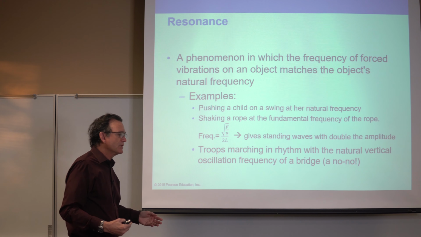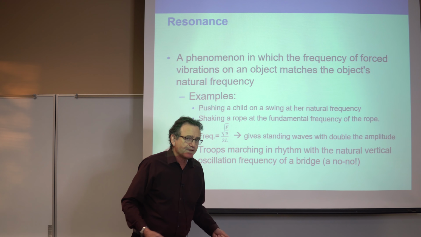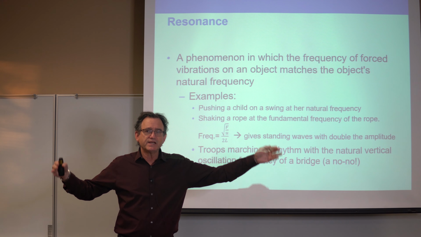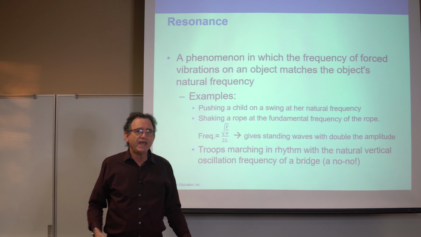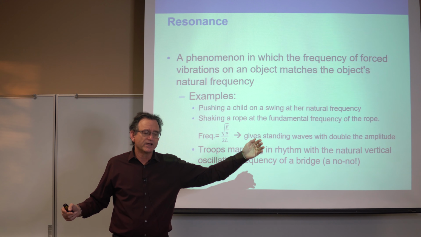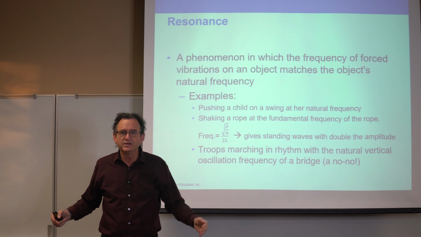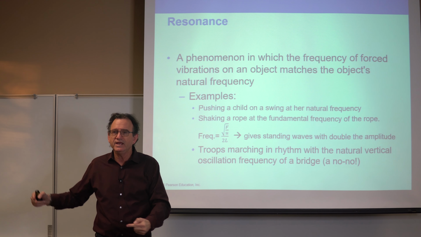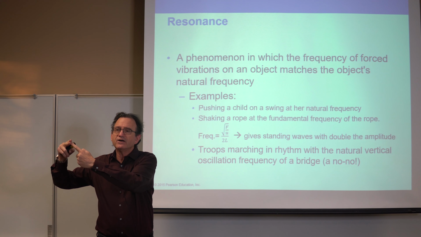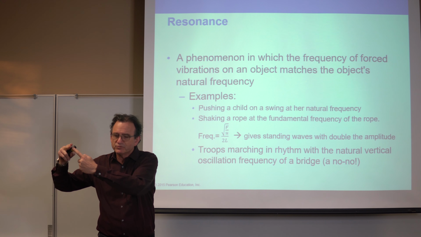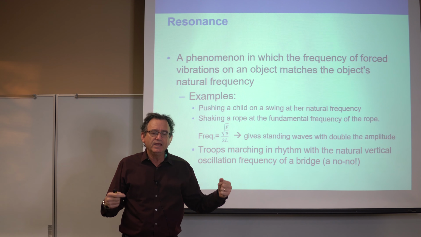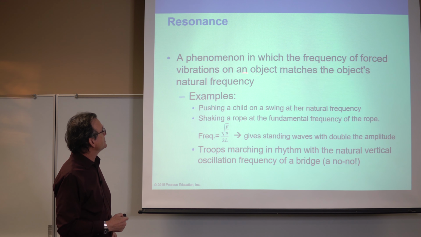So, for example, if I have a child on a swing and a parent standing on either side of the child, and the parent on the left side or behind the child hits him with a certain force to accelerate him on the swing, and the other parent on the other side gives a force down when the child is returning on the swing, that will be giving an external force that matches the natural frequency.